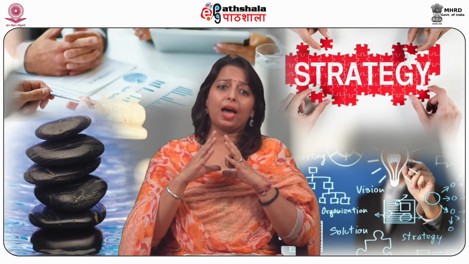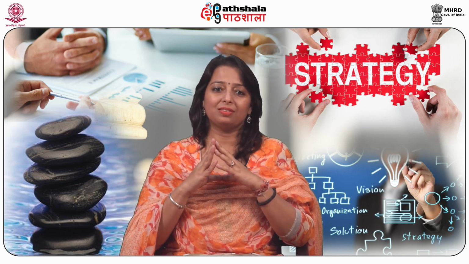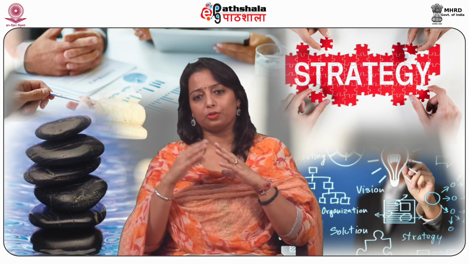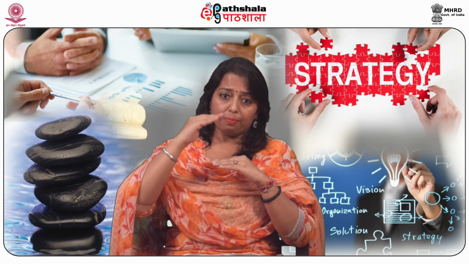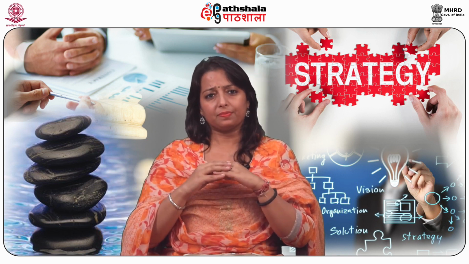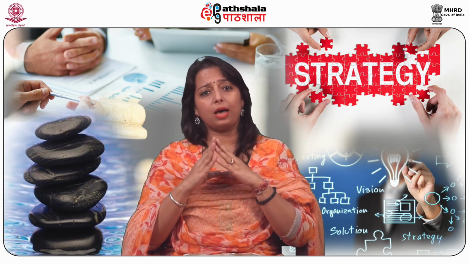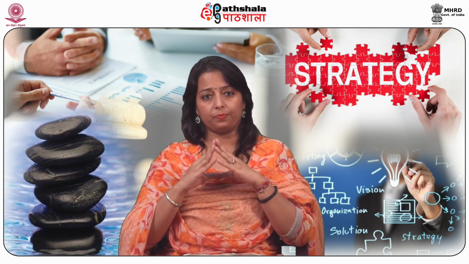Now, in order to carry out strategic process in an organization, it is carried out at various levels of management. That is, at the top level, at the middle level management, and at the first level of management. These three levels of strategies are referred to as corporate level strategies, business level strategies, and then the functional level strategies.